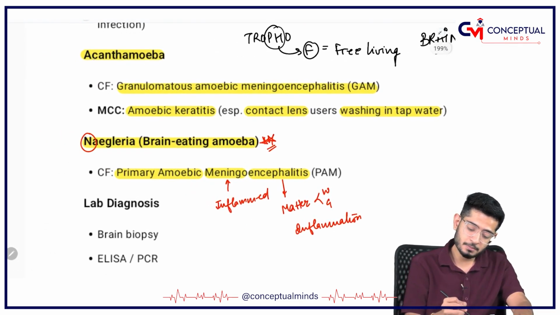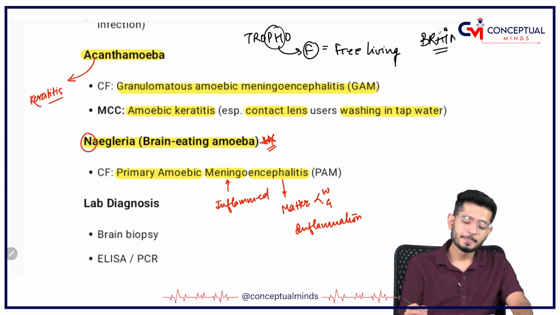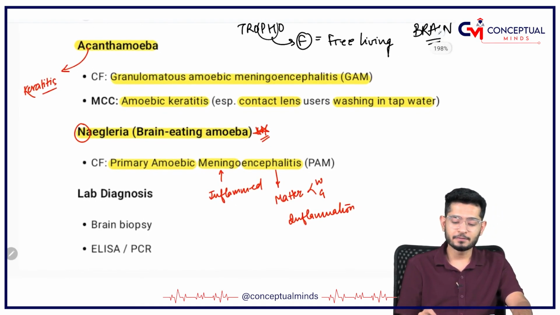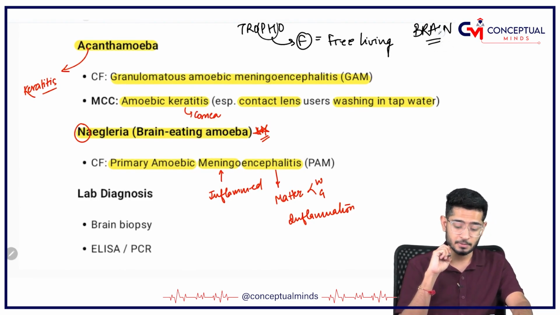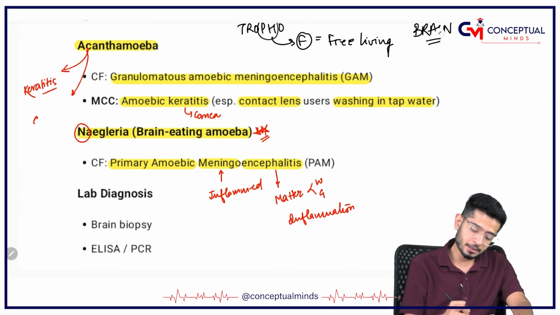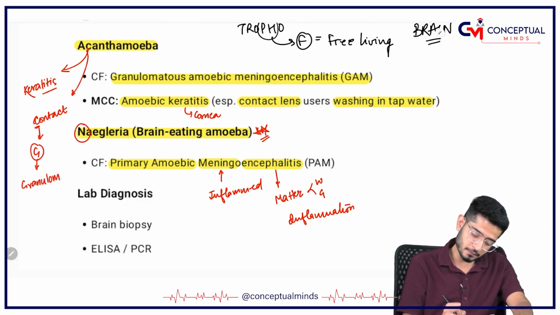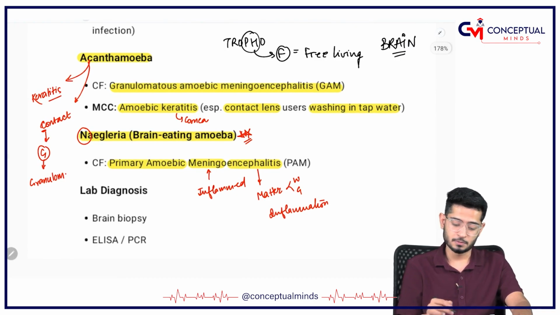So Acanthamoeba, C and K are similar sounds, so you can remember keratitis with Acanthamoeba. You can have inflammation of the cornea, so the cornea will be inflamed in the contact lens user. And C and G look similar, G for granulomatous inflammation, which it is responsible for causing.